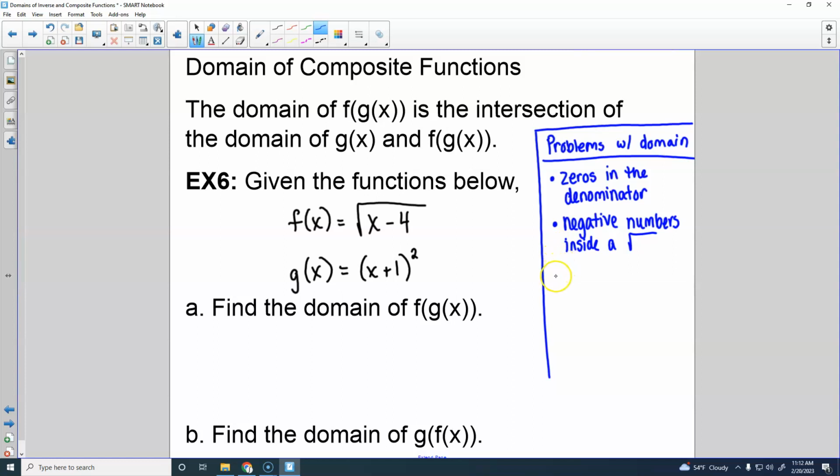And we cannot take a log or a natural log of a number that is less than or equal to 0. So I didn't say just negative numbers there because you also cannot take natural log of 0. You can take the square root of 0.